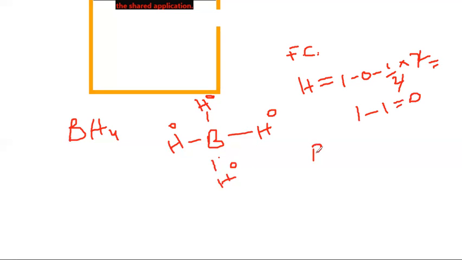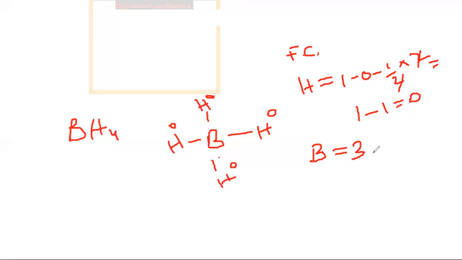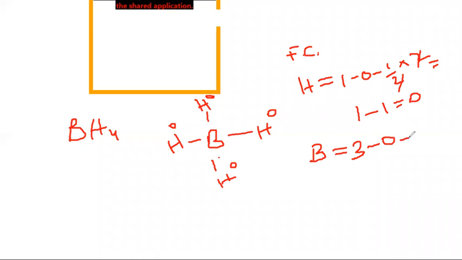Now, what would be the formal charge on the boron? Boron belongs to the third group. That's why it has 3 valence electrons, minus how many lone pairs are there. There are no unpaired electrons. That's why it has 0 lone pair electrons, minus half, from the formula.